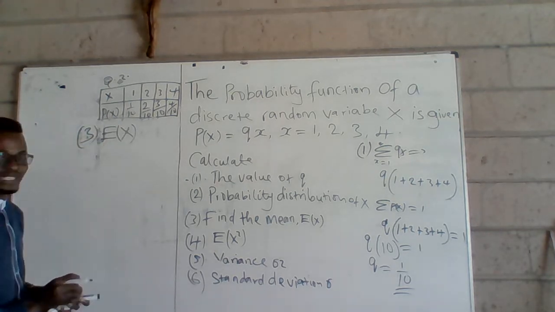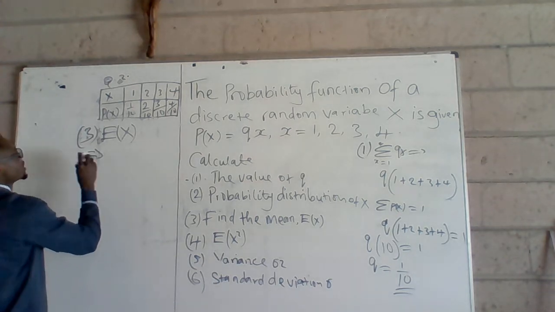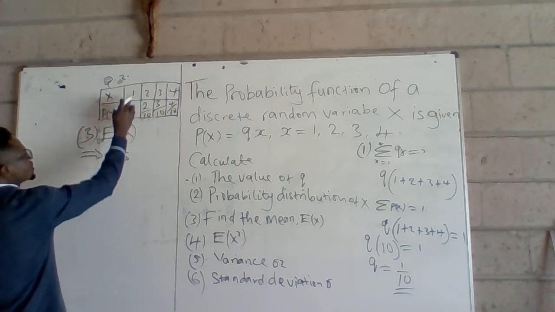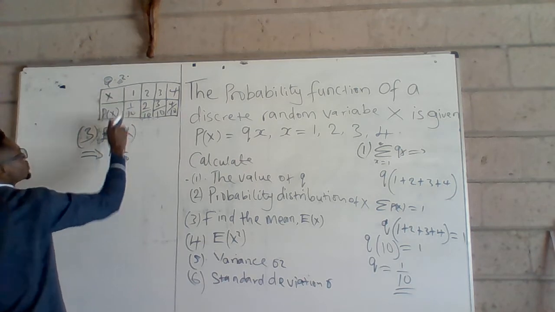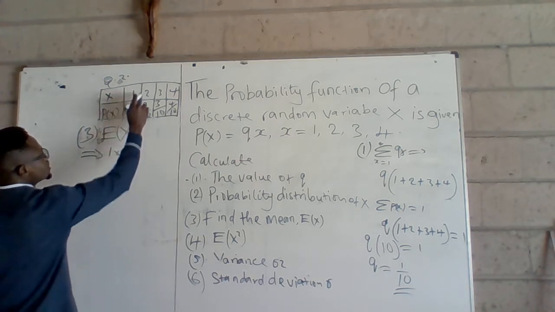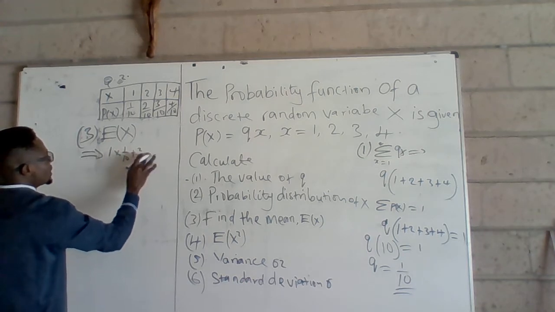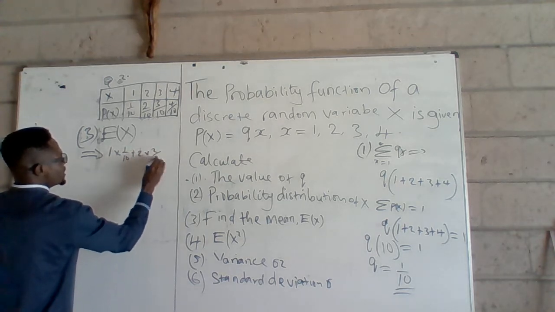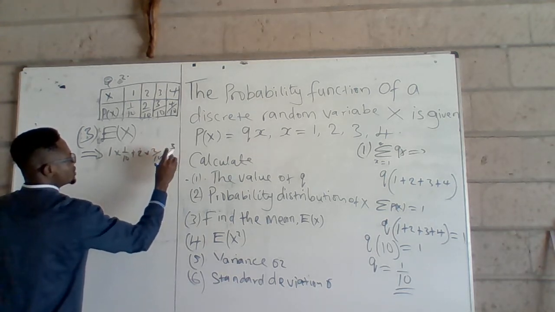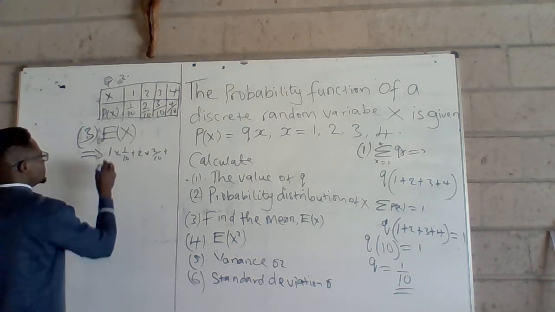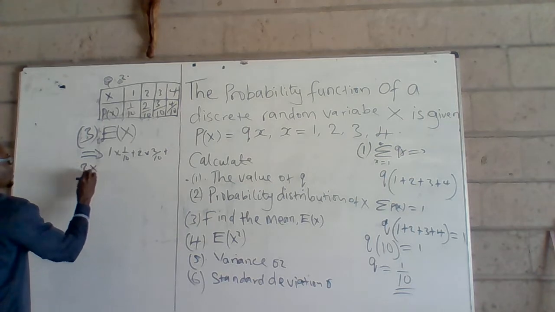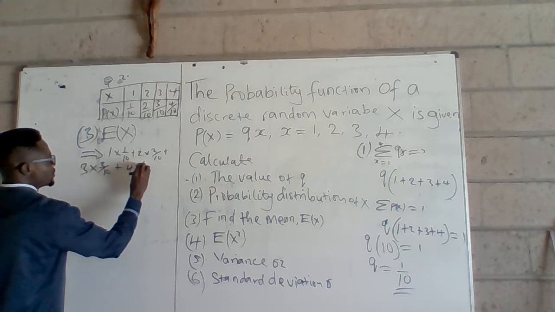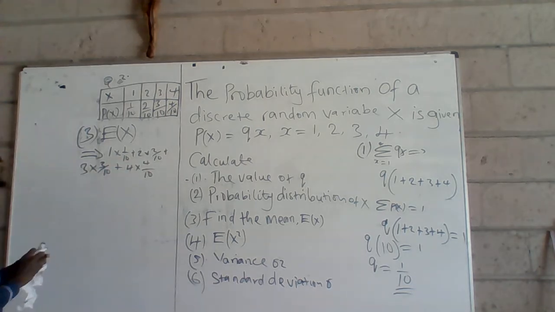So this implies that we will have 1 multiplied by 1 over 10, plus 2 multiplied by 2 over 10, plus 3 multiplied by 3 over 10, plus 4 multiplied by 4 over 10. And this will be our expected value.